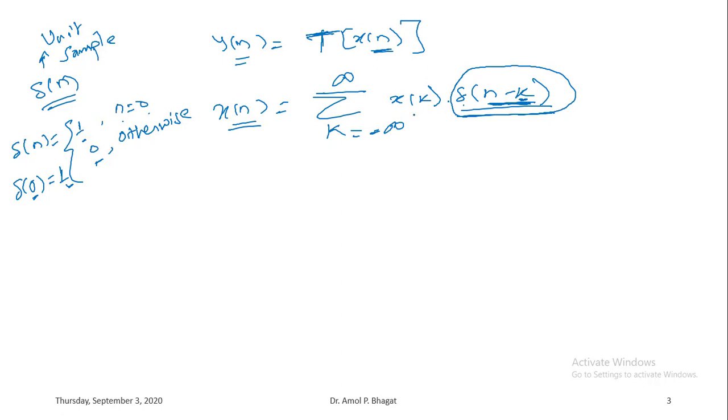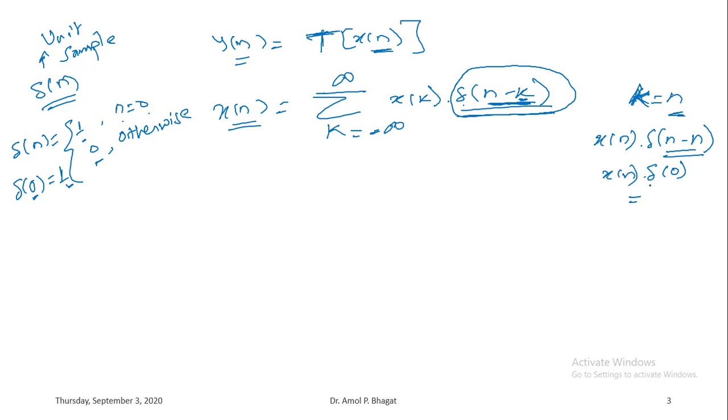So the complete term will be non-zero only for k equals n. If we substitute k equals n, the equation becomes x of n multiplied by del of n minus n, which is del of 0 multiplied by x of n.